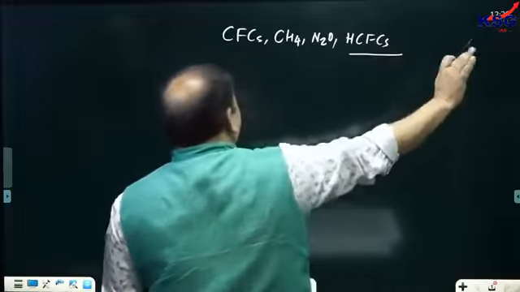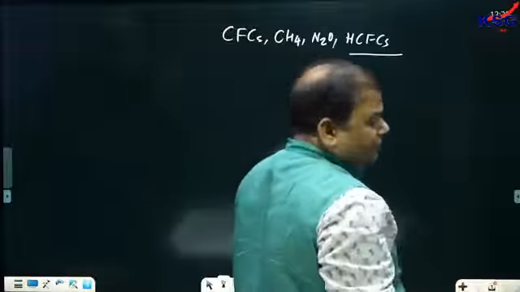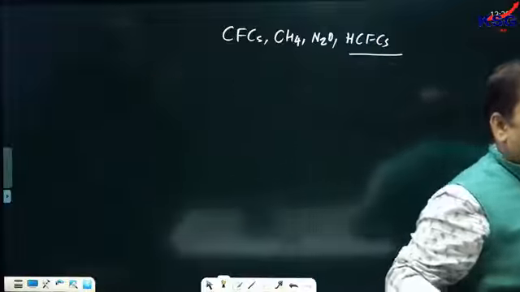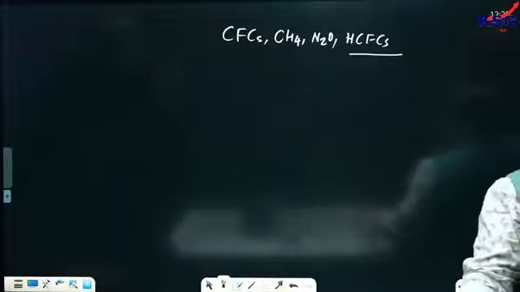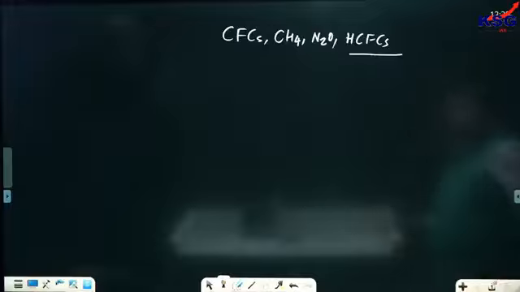But even if we take these ozone depleting substances, in some cases they are not directly responsible for ozone layer damage. For example, CFC, chlorofluorocarbon, is considered to be inert. It is never directly responsible for ozone layer damage.